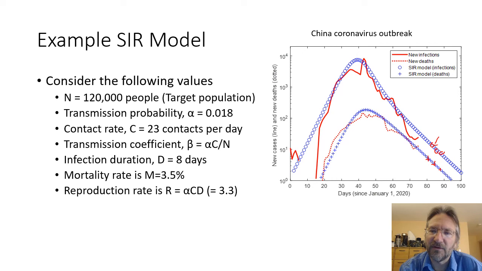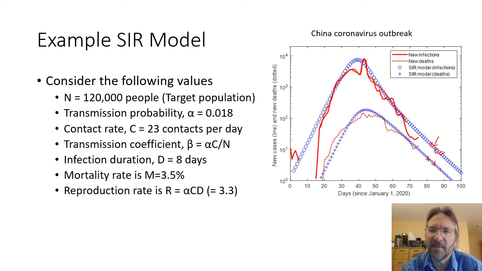And the red curve is basically the data from the Chinese coronavirus outbreak. We see that the data and the model actually work quite well, and the model really reproduces all the features we see in the data.